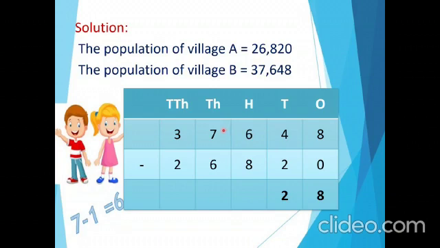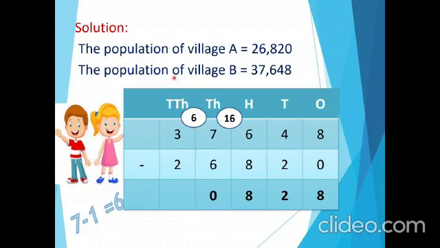We have to borrow from thousands column, so it will become 16. 16 minus 8 is 8. Moving to the thousands column, here 7 is there, but from this place already we borrowed, so only 6 is left. So 6 minus 6 is 0.